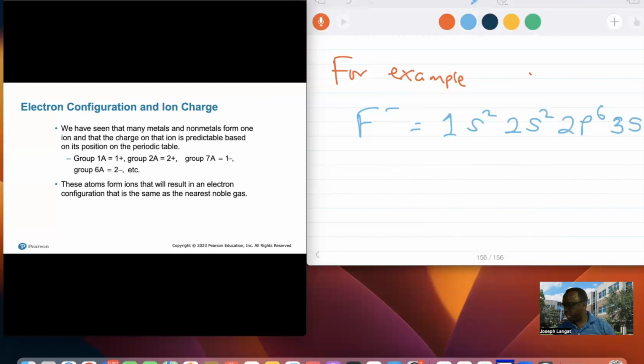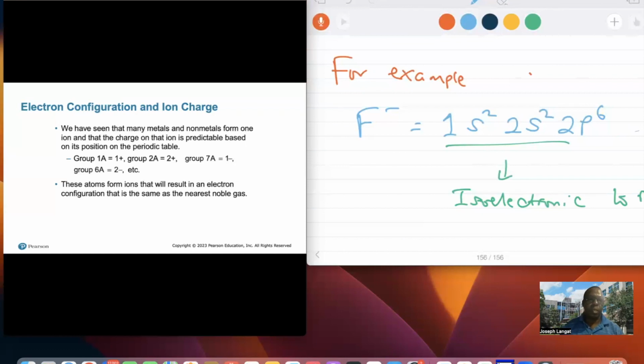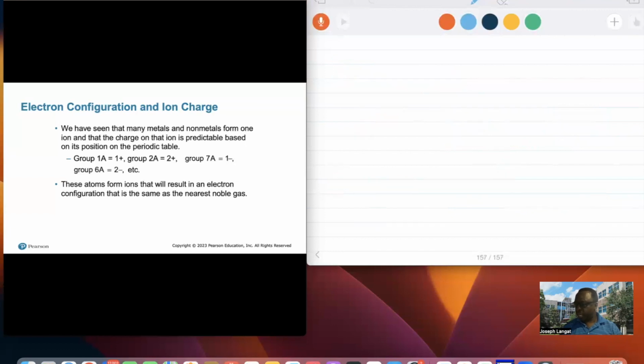This gives you 10, so we don't need these extra. These are 10 electrons. We say these are isoelectronic to neon. This is group 7 for all group 7A or 17.